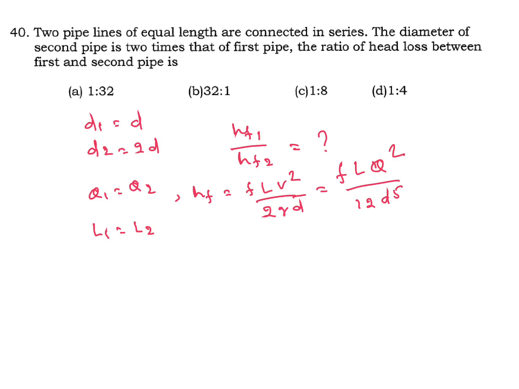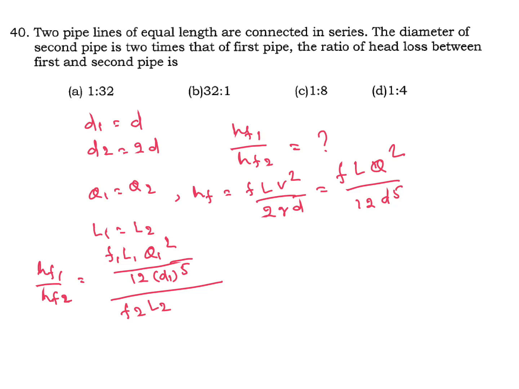So HF1 by HF2, F1 L1 Q1 square by 12 D1 to the power 5 divided by F2 L2 Q2 square by 12 D2 to the power 5.